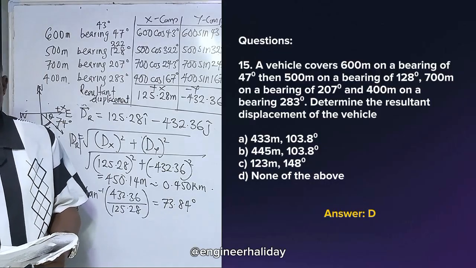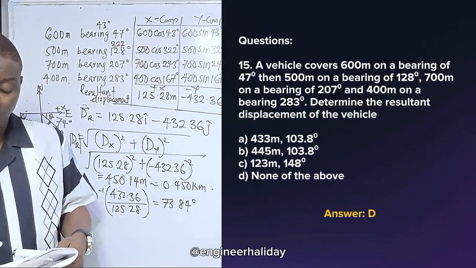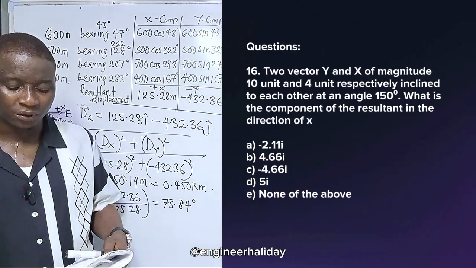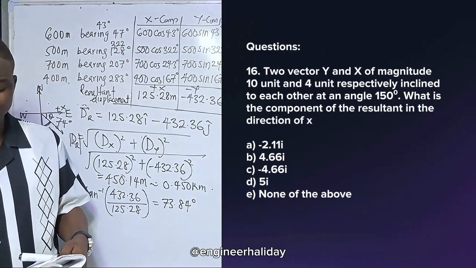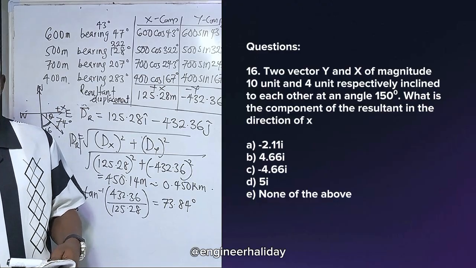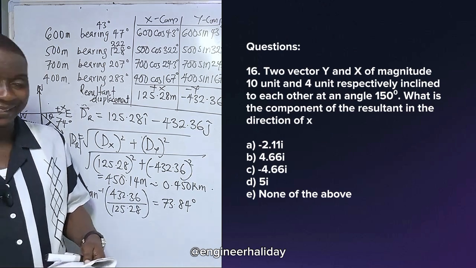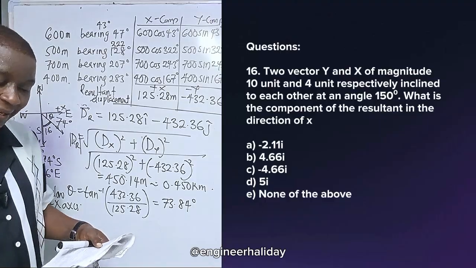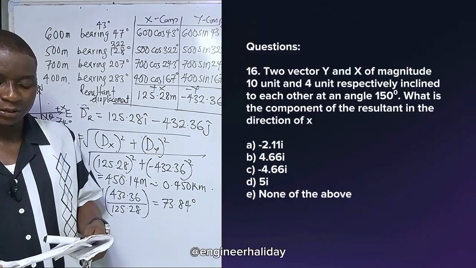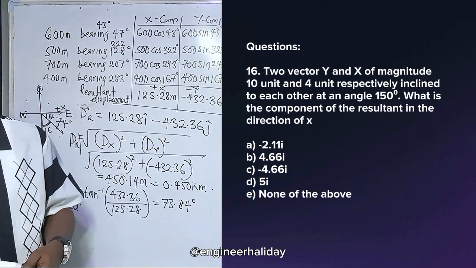The last one you are going to solve is the one you are going to practice by yourself. I'll give you the question while you send your answer to the comment section. The options are there. Two vectors y and x of magnitude 10 units and 4 units respectively are inclined to each other at an angle of 150 degrees.